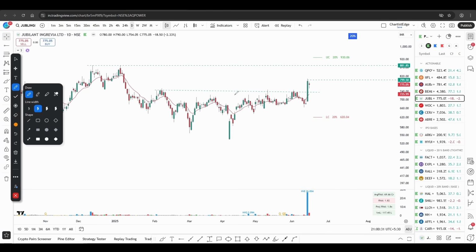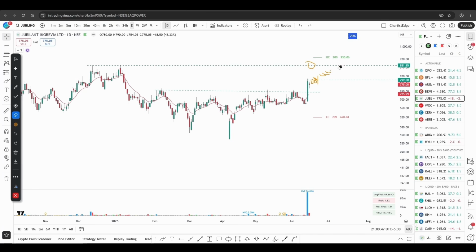Now this may not be the case in Jubilant, but if it gives you a good contraction, let's say for 2 days, and then gives you a breakout, then you may look for an entry here and book some quantities here or trail your SL around here and continue this setup until it gives you a change of character from higher highs to lower highs, from higher lows to lower lows.